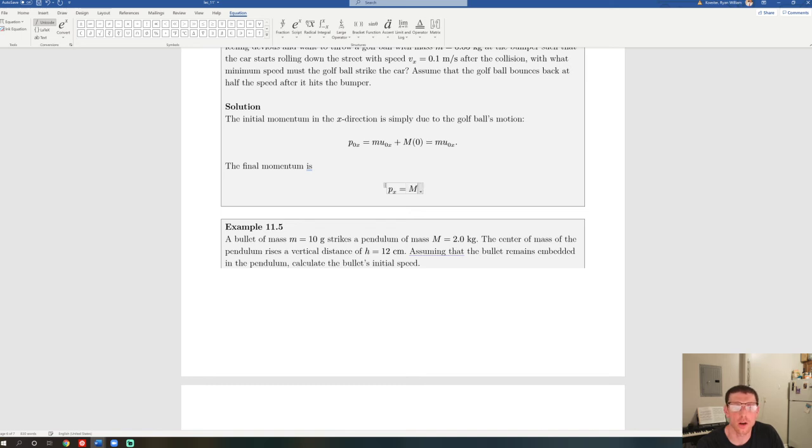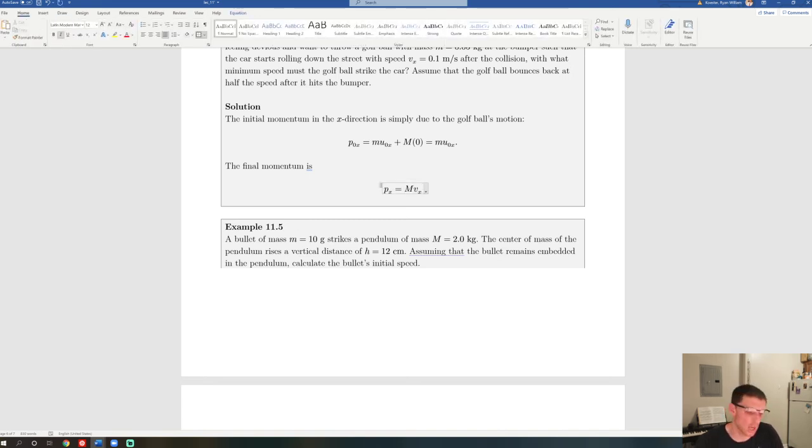So now the car is moving to the right, and so its momentum is implicitly positive. We could even put a plus sign there if we really wanted to, but I won't do that. But now the golf ball is moving to the left, and so this is how I would write the final momentum.